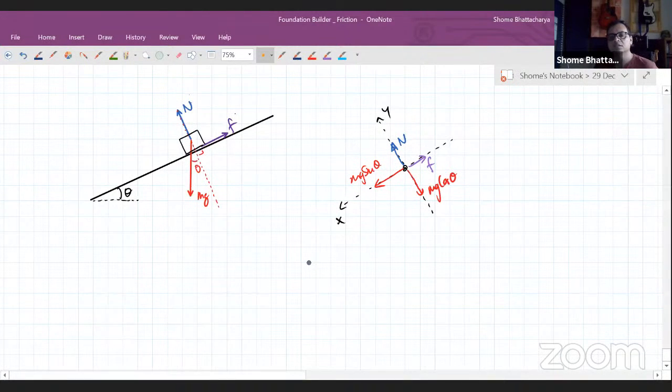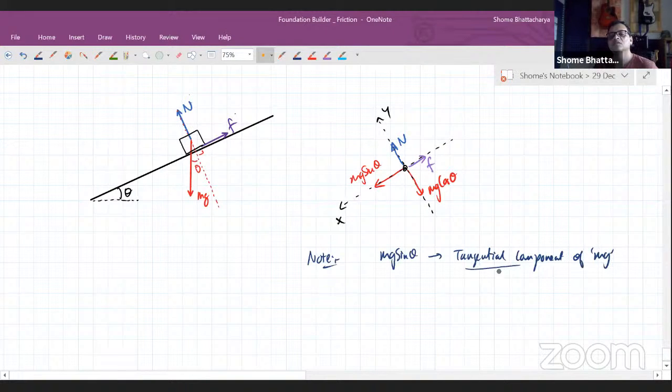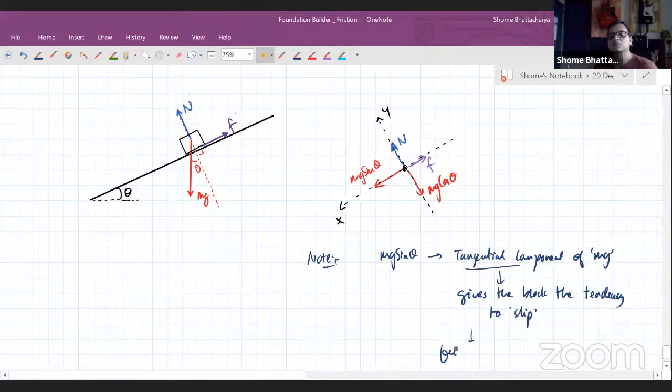So what we can understand here is that mg sine theta, this is the tangential component of the weight. So this gives the block the tendency to slip. Okay. So friction opposes this.